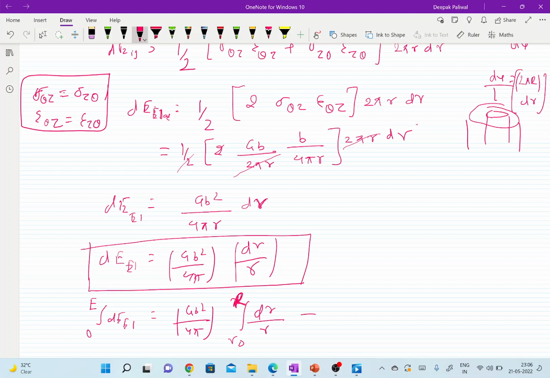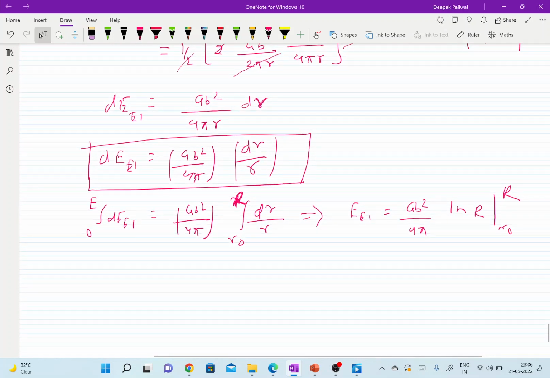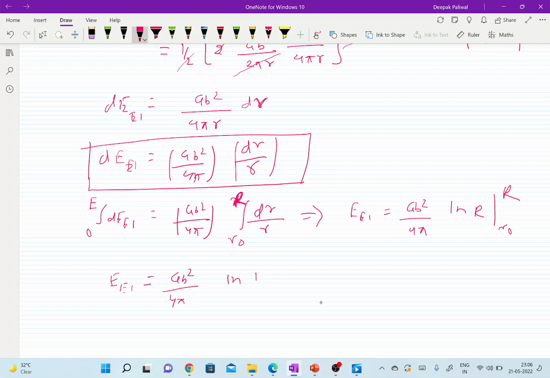This is the notation only. So E elastic is equal to Gb square by 4 pi times ln R, evaluated from r naught to R. So E elastic is equal to Gb square by 4 pi ln R by r naught.